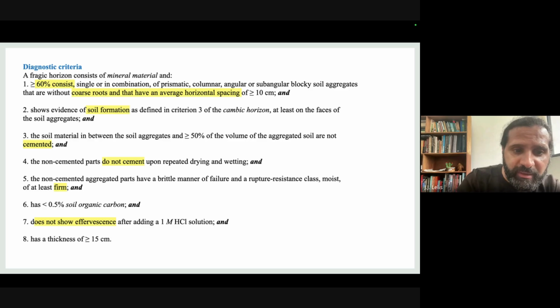The non-cemented aggregates have a brittle manner of rupture class moist of at least firm. So I can register that again. If I get it wet, I can see some destruction. Okay, less than 0.5% of soil organic matter. And of course, I cannot see any kind of effervescence with acid, and a minimum thickness of 15 centimeters. Okay, so basically I have less cementation now.